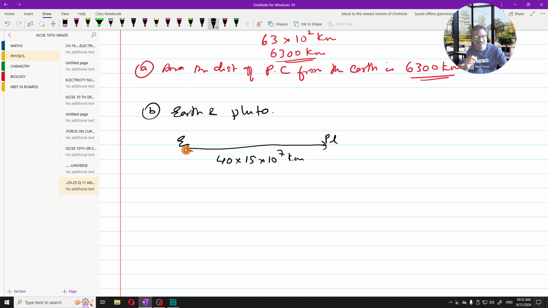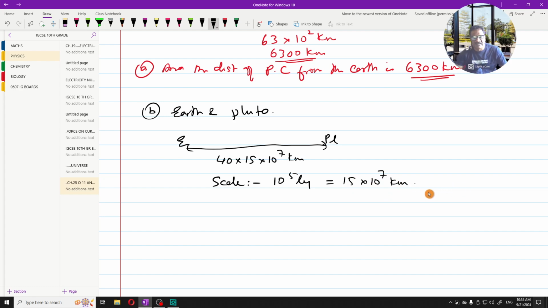So the distance between the Earth and the Pluto is 40 into 15 into 10 raised to 7 kilometers. Now this distance you have to convert according to the scale. The scale again is 10 raised to 5 light year is equal to 15 into 10 raised to 7 kilometer, right?